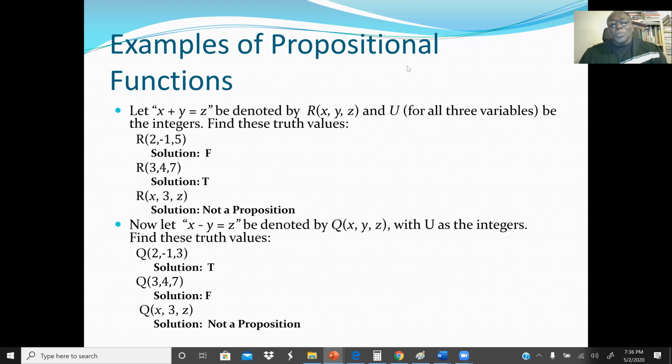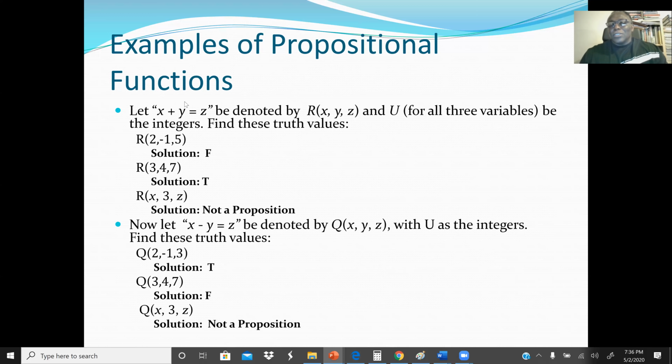So here is an example of a propositional function. Let x plus y equal z. So that is our expression. Then we denote this by R(x, y, z). Again, x comes first, y second, then z. Then we say the domain U can be for all three variables any integer values.